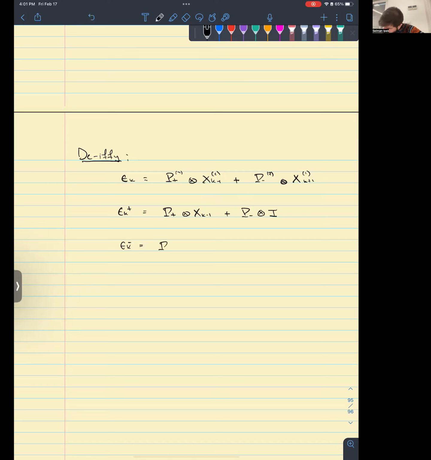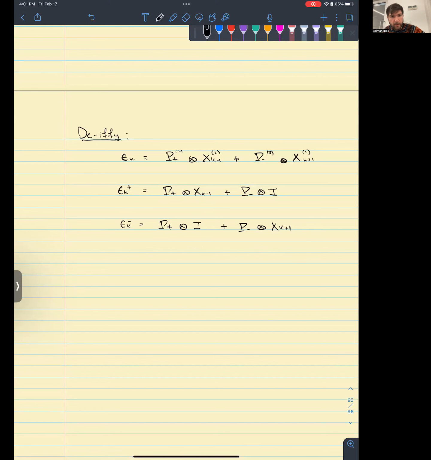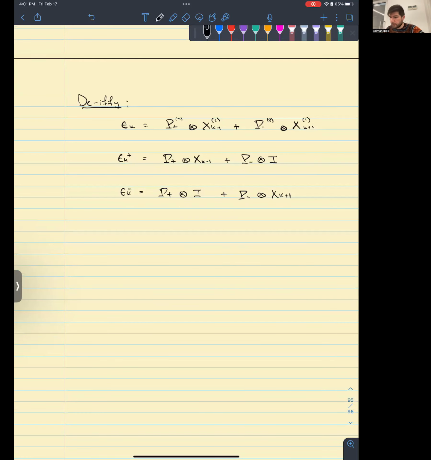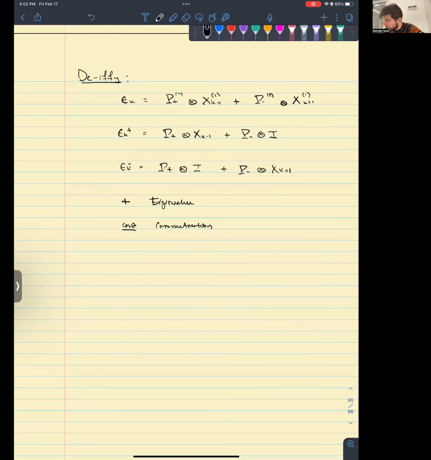And then this one will be P plus tensored with the identity plus P minus tensored with XK plus 1. And so there are certain commutation relationships and eigenvalue relationships that these satisfy. You need to establish these first in order to know how to assemble things into this topological picture.